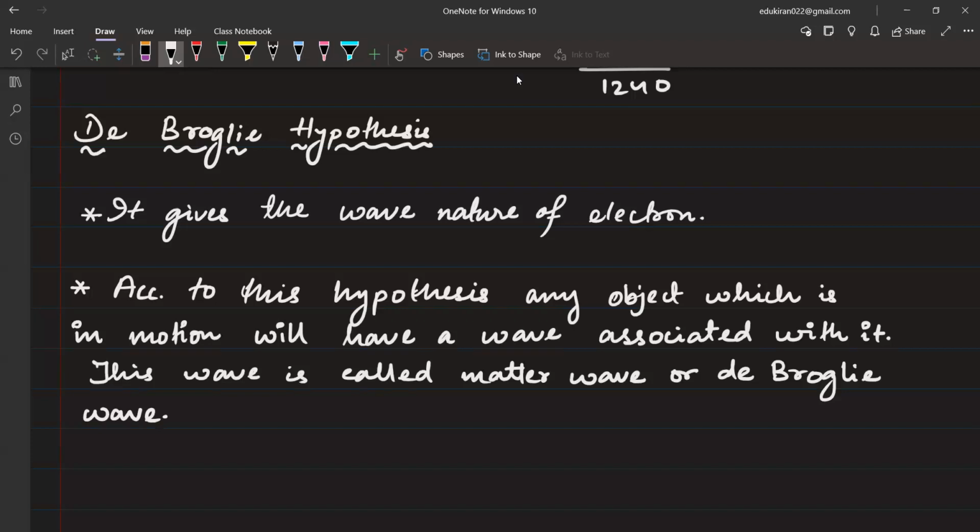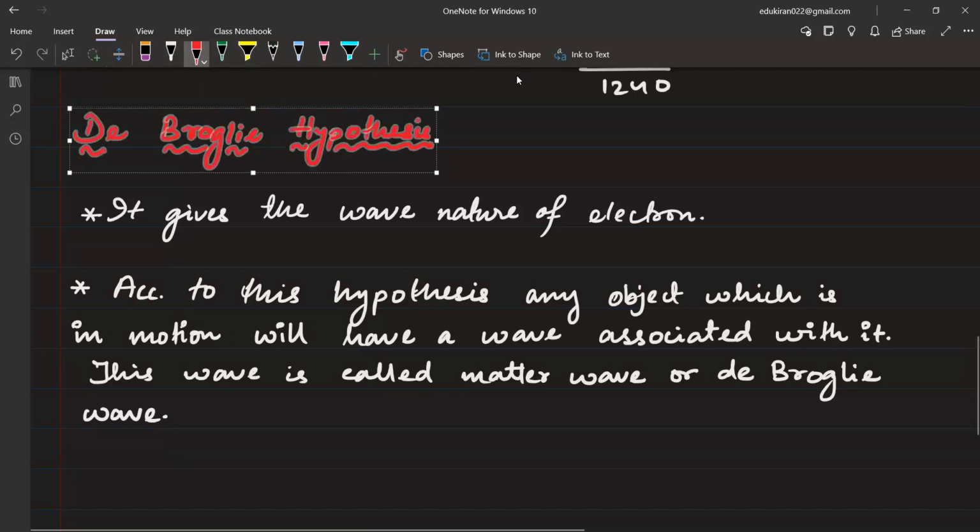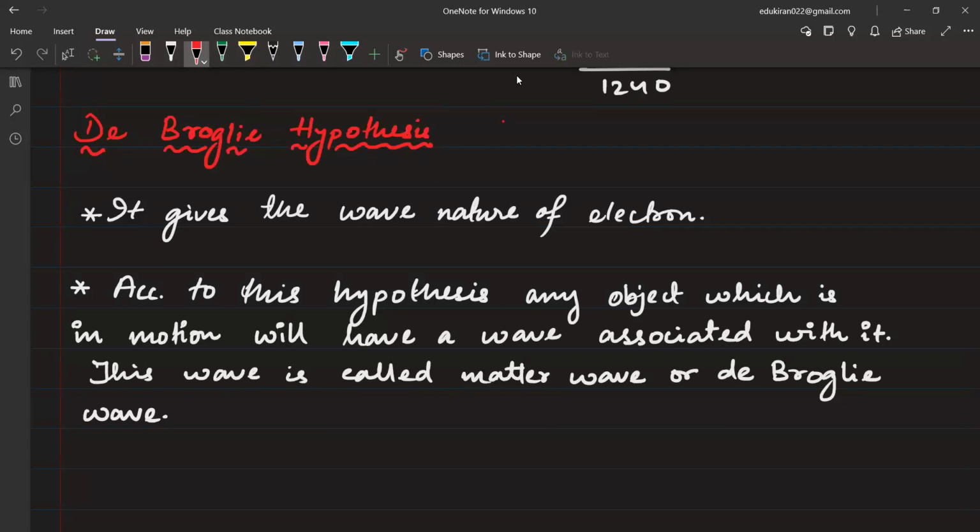Now we will also prove how anything which is in motion can have a wave. The proof is very simple, by the way.